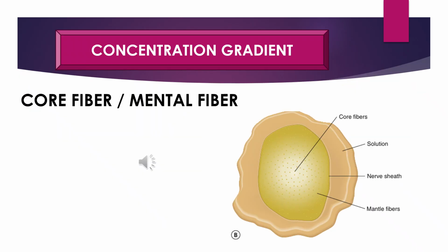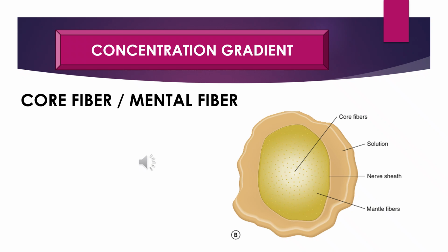Concentration gradient. When LA is injected into soft tissue, three-dimensional diffusion of local anesthesia occurs. That means diffusion takes place not only in the nerve tissue but also to nearby blood vessels and interstitial fluid. This diffusion occurs according to the concentration gradient, meaning from high concentration to low concentration.